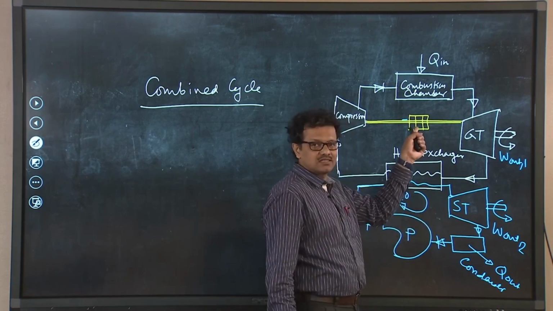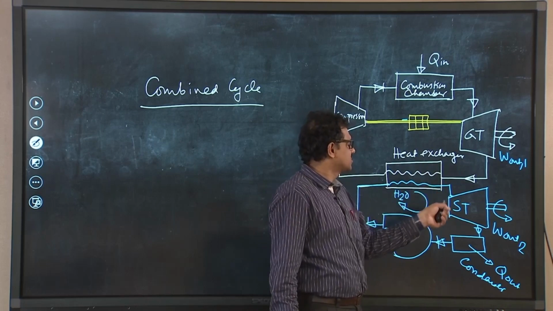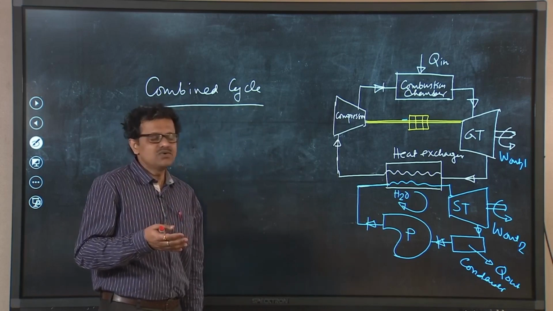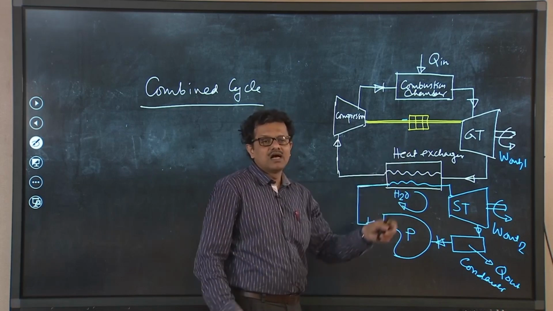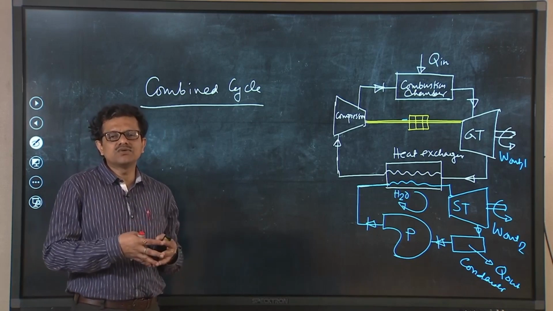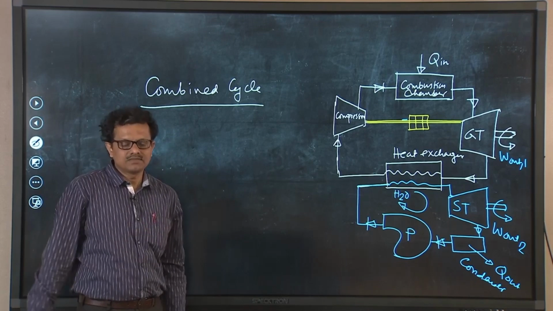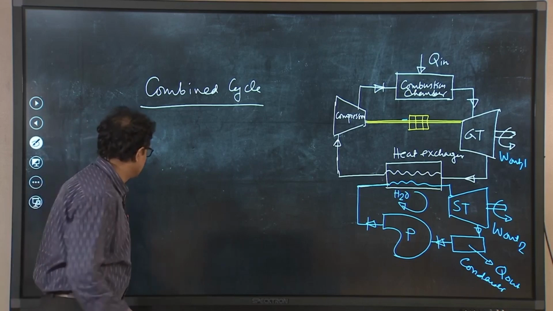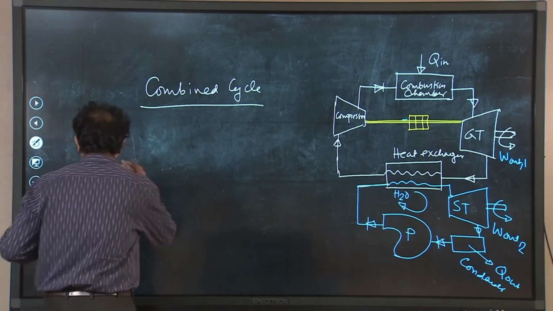So, the topping cycle is the gas cycle, the bottoming cycle is the H2O cycle, and by running these two cycles we can get the power. As I said, gas turbines or closed cycle gas turbine units are known as peaking units, and these peaking units are used to supply a certain amount of energy when demand increases.